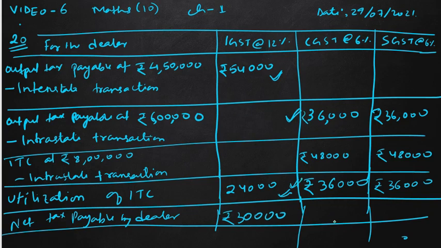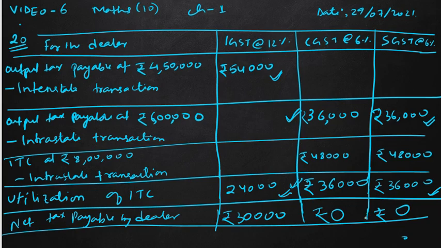Okay, in the CGST part, the output was 36,000 and he has paid the total amount, so he does not have to pay any CGST. Again in the SGST section his output was 36,000 and he has already paid the full 36,000, so he need not pay any SGST either.